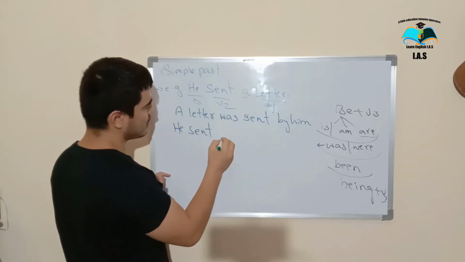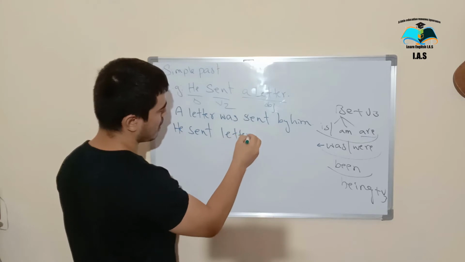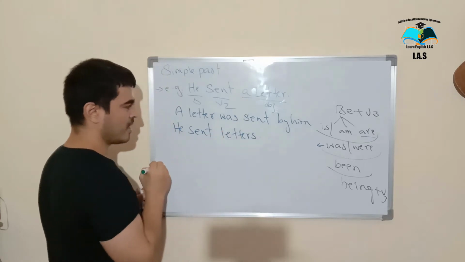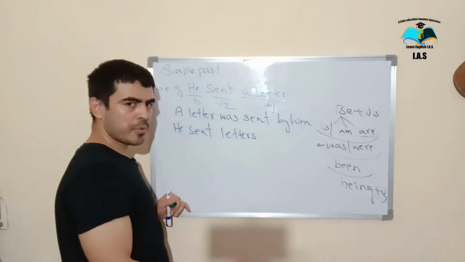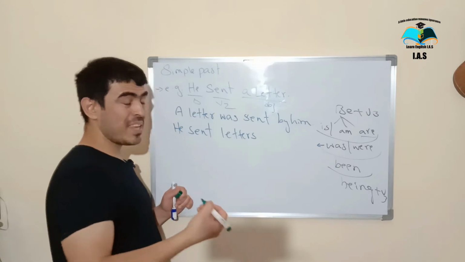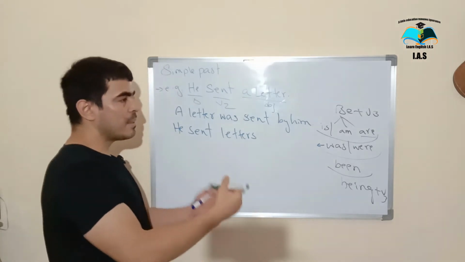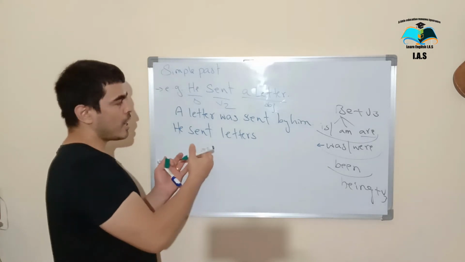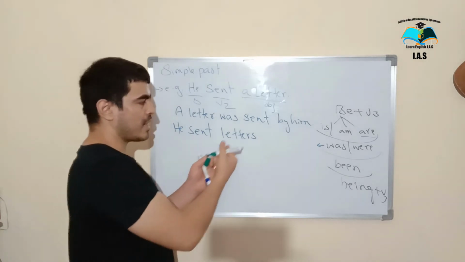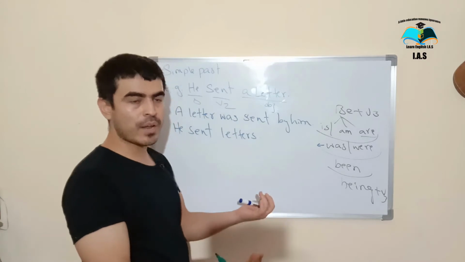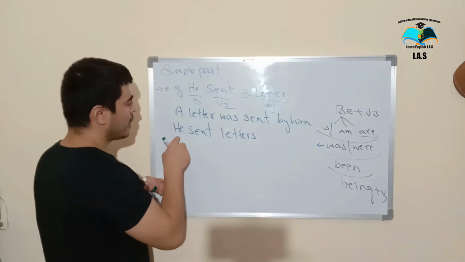Okay, let's have one more example. He sent letters, right? You can add a time expression, yesterday, last week, last month, it doesn't matter. You can add it at the end. But the position doesn't change. You can add the time expression at the end of the sentence, whether it's a passive or active sentence, it doesn't matter.